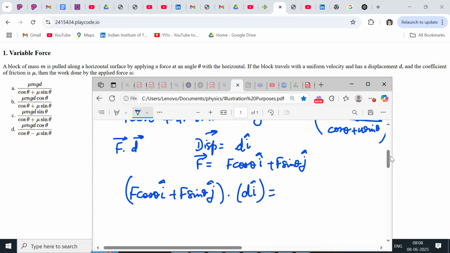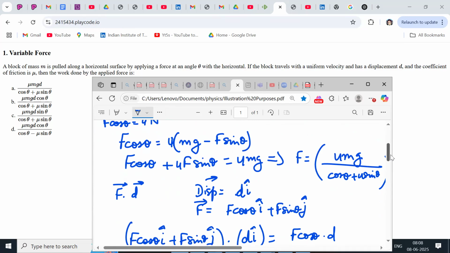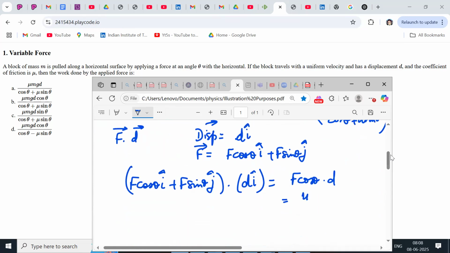And what I'm going to get is only the i cap terms because there's no j cap term on the displacement side. So I'm going to get F cosine theta times d, which, going back to this expression for force that we derived, is mu mg upon cosine theta plus mu sine theta times cosine theta times d.